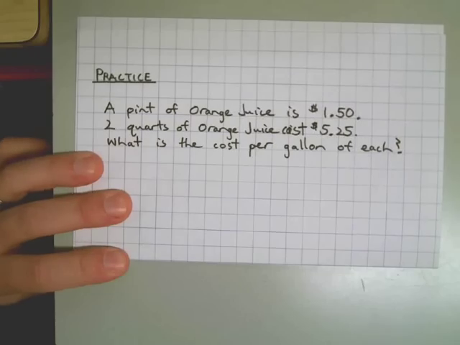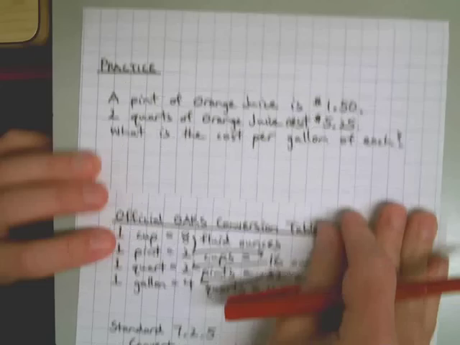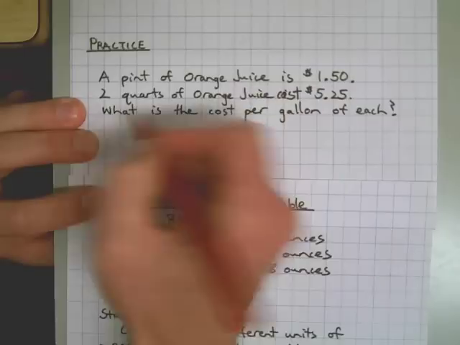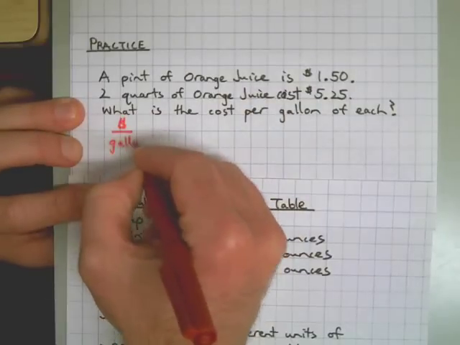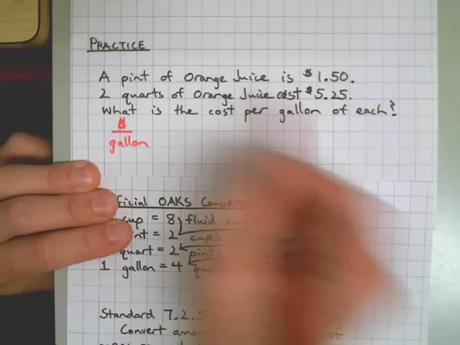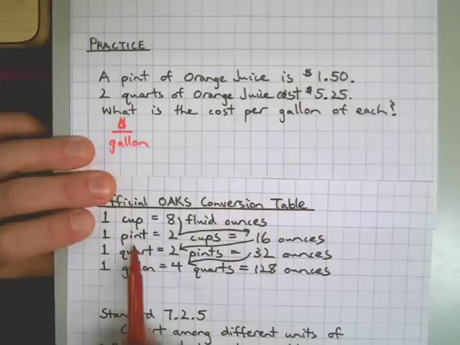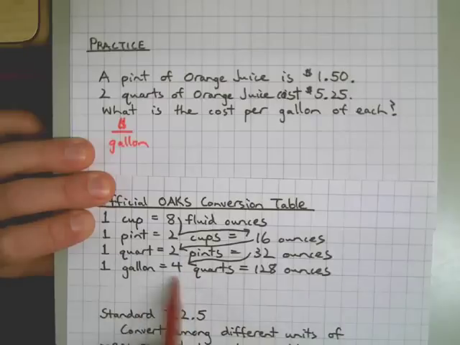Okay, let's go back to our modified conversion table. We want the cost per gallon, so it's going to be dollars per gallon. So we need to figure out how many pints are in a gallon. Let's see, there's 1 pint, 2 pints in a quart, and 4 quarts in a gallon.